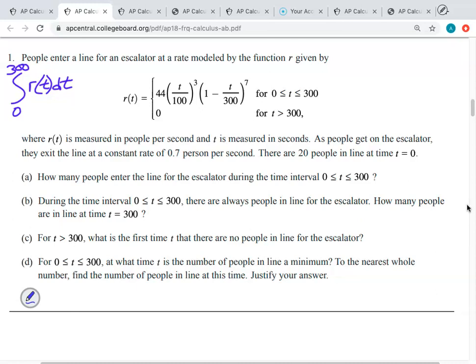So if the rate at which people enter the line is r of t, then the number of people that have entered the line is the integral from 0 to 300 of r of t. So everyone take a second, use your calculator, and see if you can find this integral. I don't care if you do it on the graph window or the main window, whatever your preference is, but I want you to evaluate this integral.